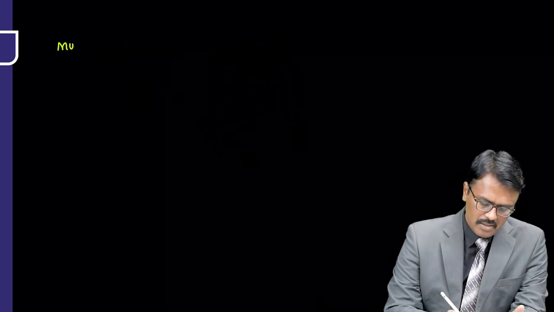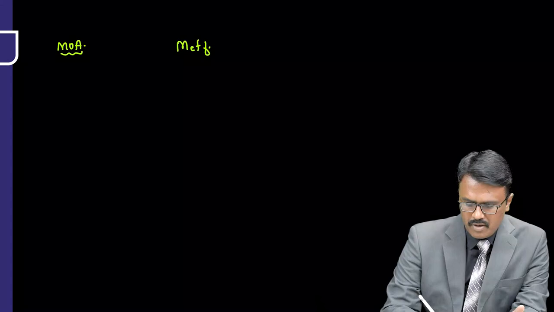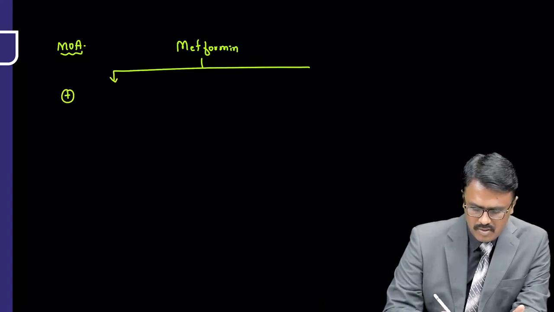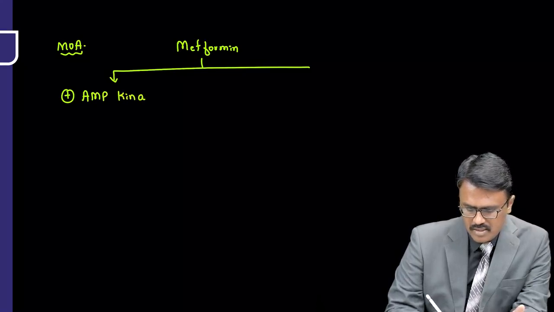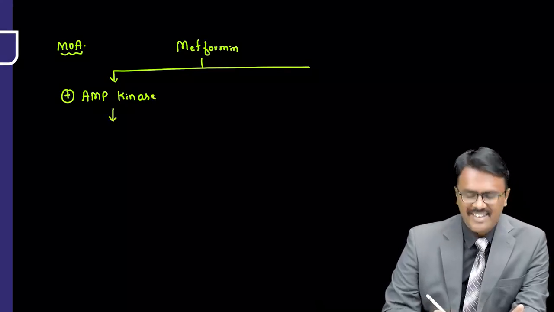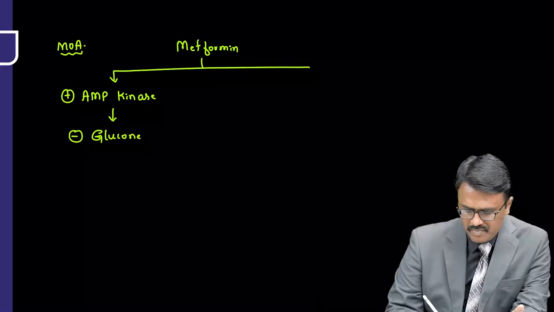Okay, sir, what is the mechanism of action of metformin? Mechanism of action. Now metformin, let me write here. Metformin has three major mechanisms of action. What is that? It stimulates an enzyme called AMP kinase. Particularly the site of action is in the liver. It inhibits gluconeogenesis.